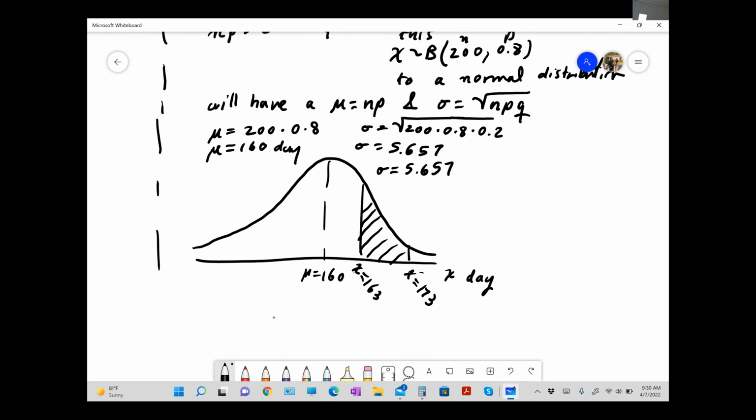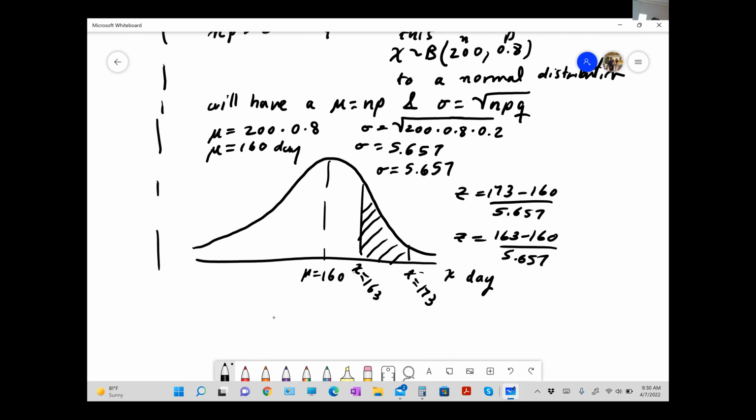So now, there's a little bit more technicality to this. It's called the correction factor. But let's just stay on this right now. So in theory, z equals 173 minus 160 divided by 5.657, and z equals 163 minus 160 divided by 5.657.